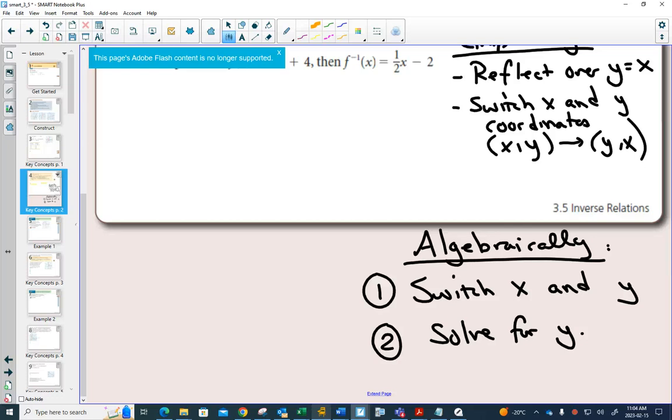So our first couple of examples, one is going to look at things graphically first and then algebraically. The other one's going to look at it algebraically first and then graphically.